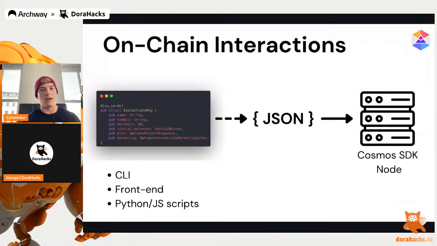Typically, you can use the CLI, you can use front end, Python or JavaScript, or even Bash, and you take these messages and they're serialized by Serde, and you can call these entry points on your contract using JSON. And this gets sent to the SDK node, which does some verification and allows for interacting with your contracts through this standard interface.